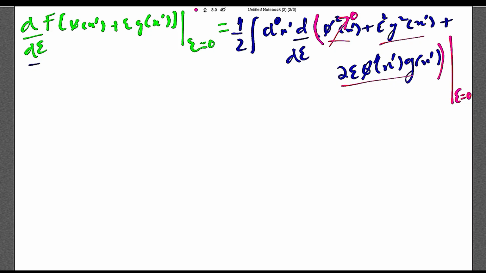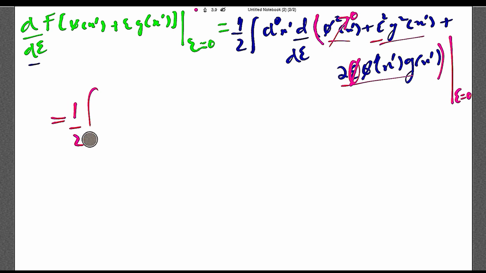Secondly, you can see that here we have e square, so the derivative of e square is 2e, so we'll get 2e g square of x prime, then plus sign, and here we have 1e, and d by de is 1, so we'll simply get 2 phi of x prime g of x prime. All right, let's see what the simplification gives us.